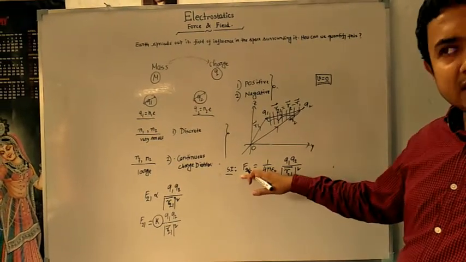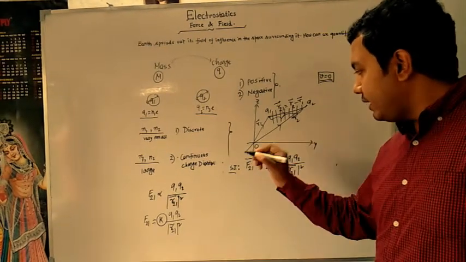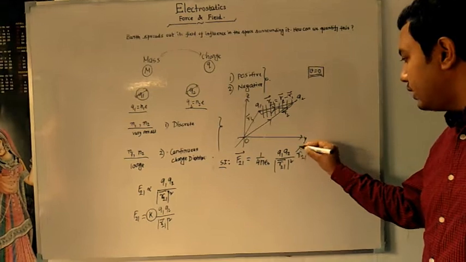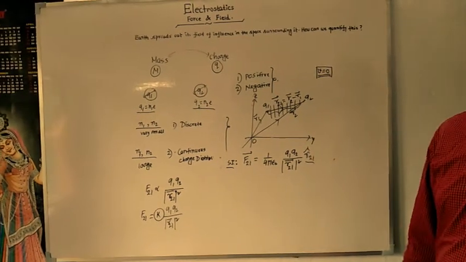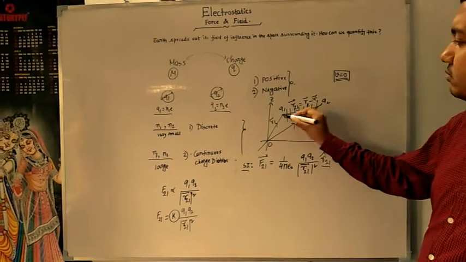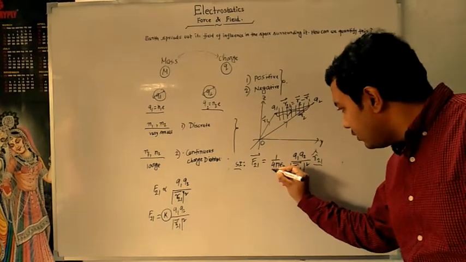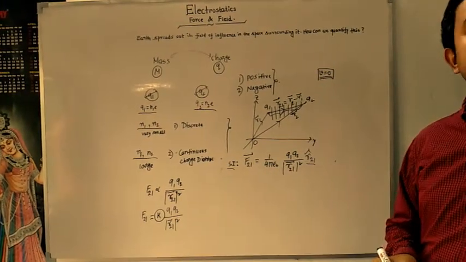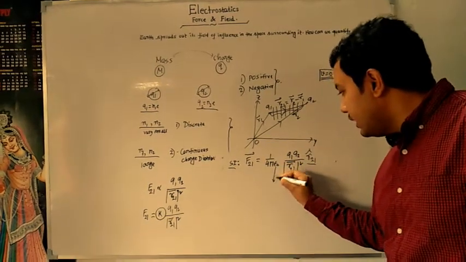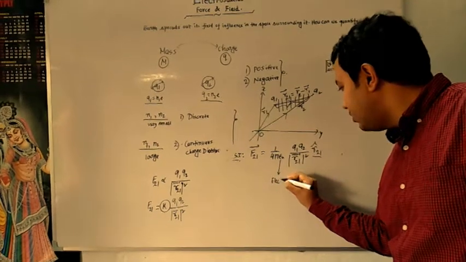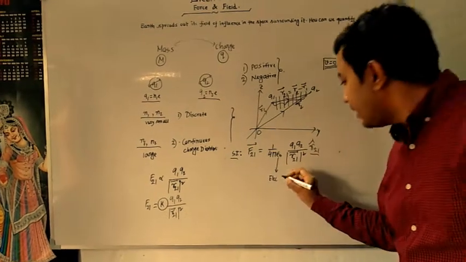As force is a vector quantity, we use the vector sign with a unit vector R21 cap. R21 cap is a unit vector in the direction of the R21 vector. And here we use the constant 1 by 4 pi epsilon naught. Epsilon naught is called the electrical permittivity of free space or vacuum.